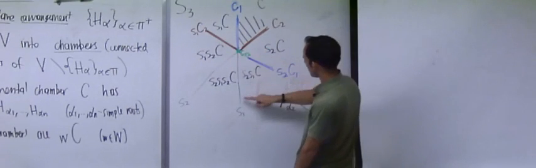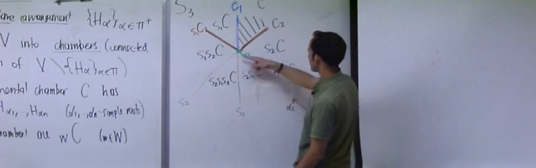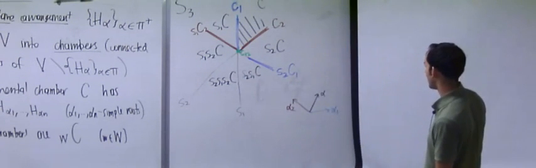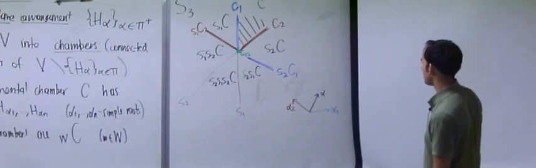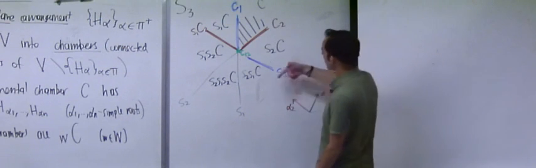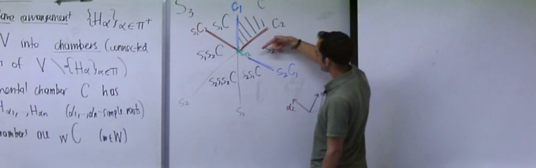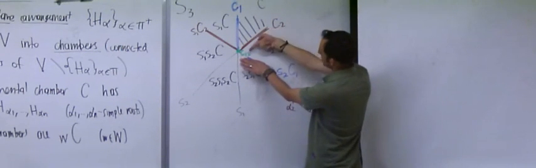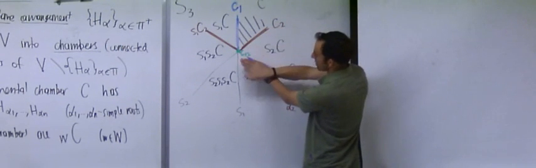What about this one? This one is what you get when you, for example, take this thing and reflect it across here.